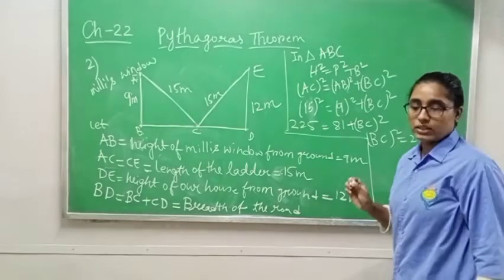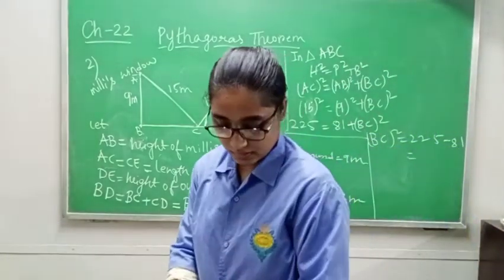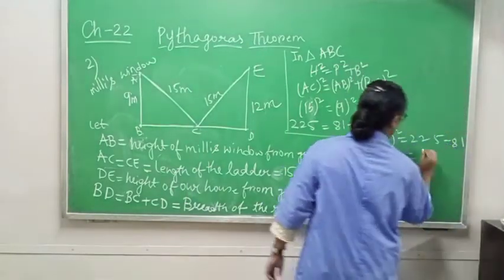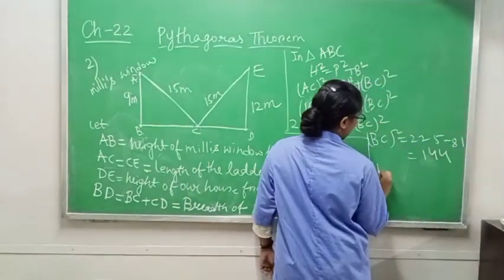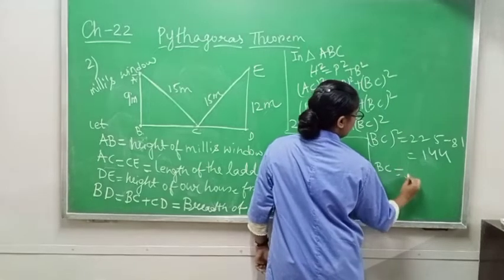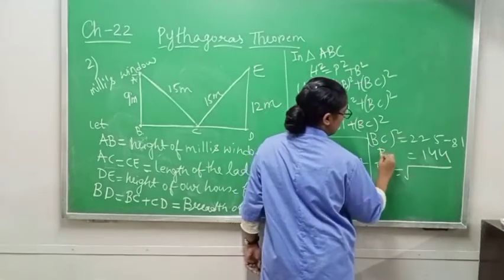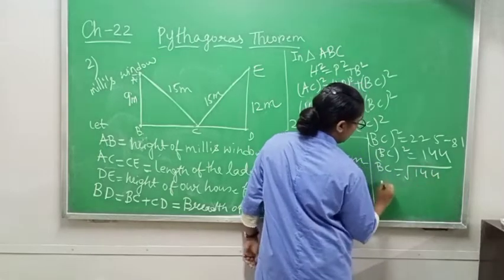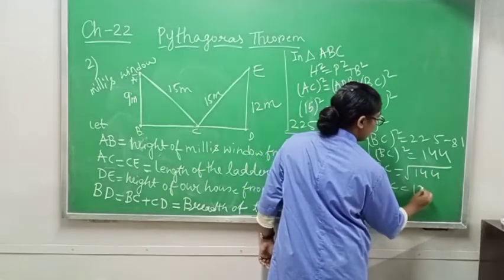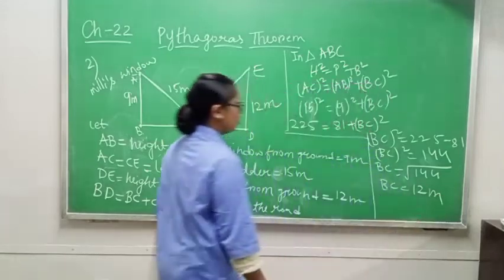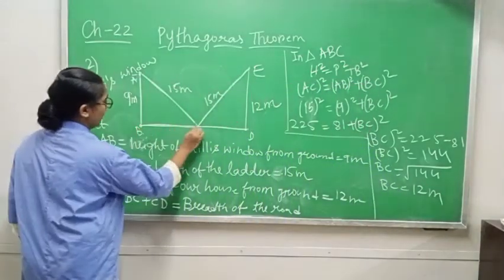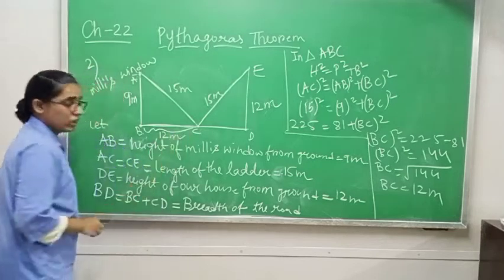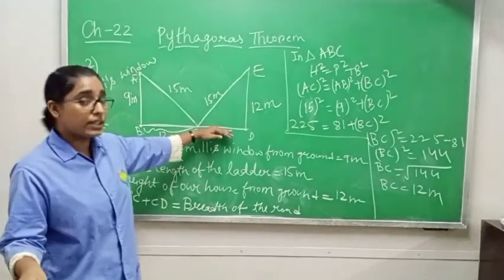How much are you getting? Just tell me. You will get 144. Now BC, this square will become root, root of 144 is 12. So BC is 12 meter. Okay, understood? Now you have to find CD.